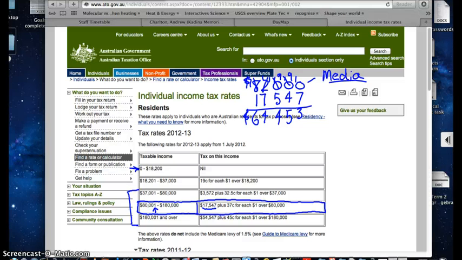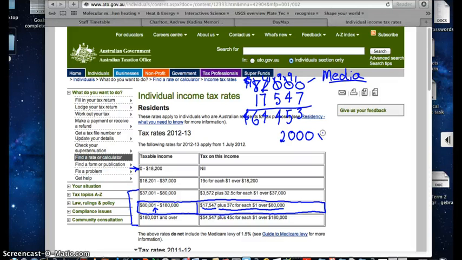Okay? At the moment, you're losing $17,547, but there's a little bit that comes next. It says, plus, you're going to lose 37 cents in every dollar that you earn over $80,000. Okay? How many dollars do you earn over $80,000 in our example? You earn $2,000 over that. So for every one of those dollars, you have to pay 37 cents to the government.